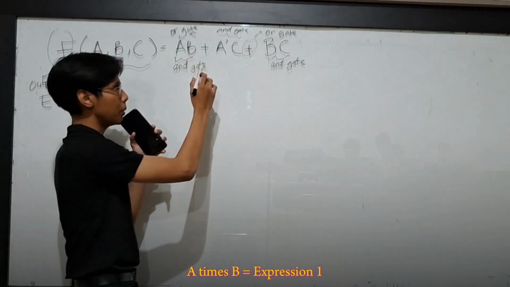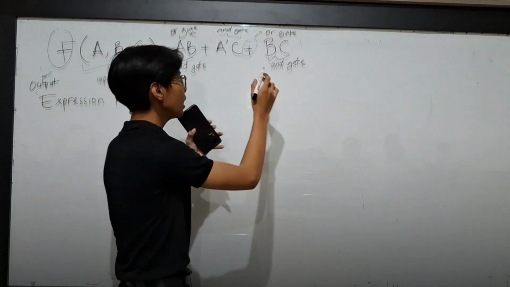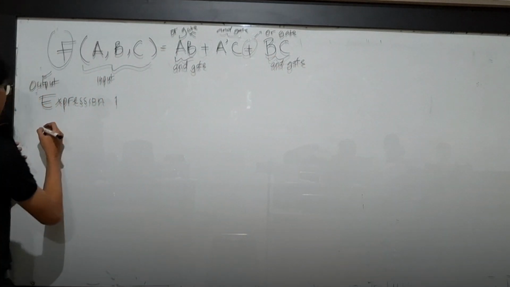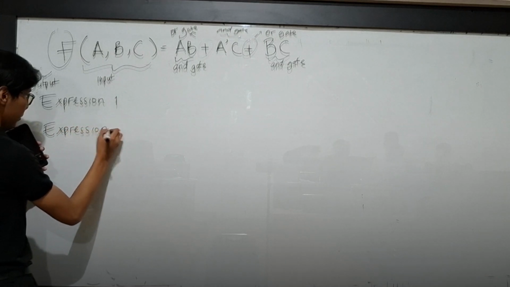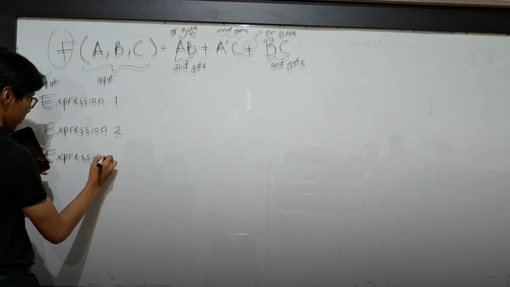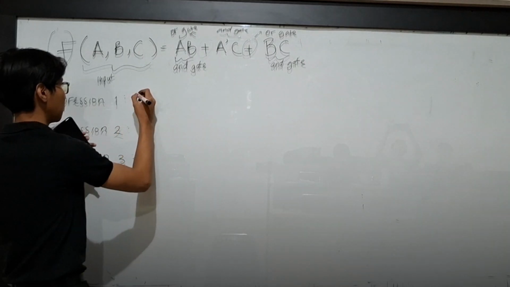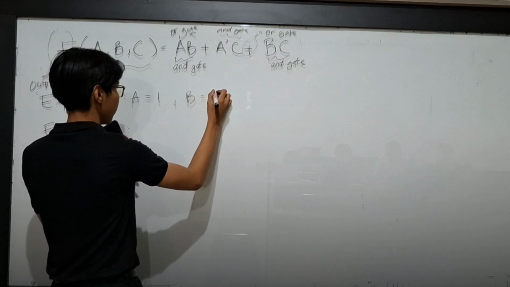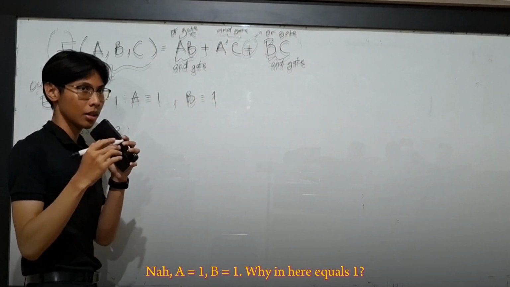Expression 1 is A times B, expression 2 is A inverse times C, and expression 3 is B times C. In expression 1, A equals 1 and B equals 1.